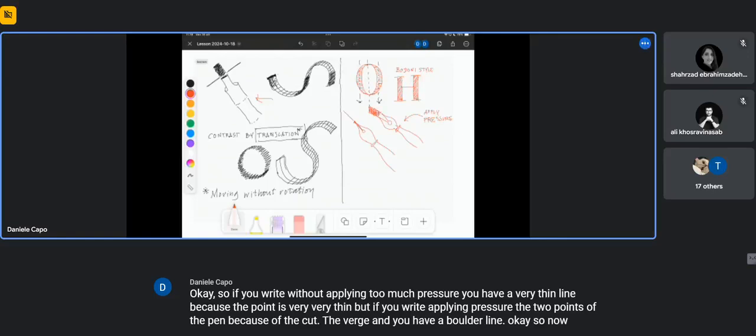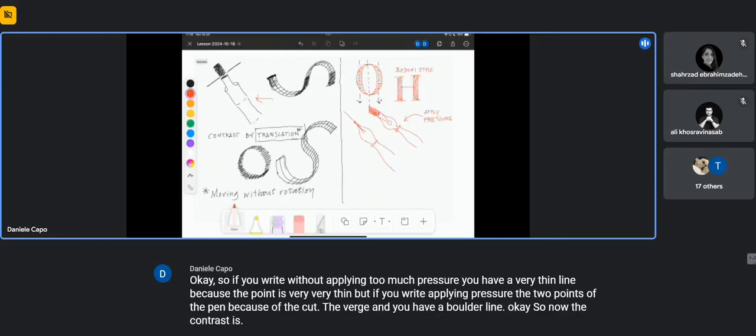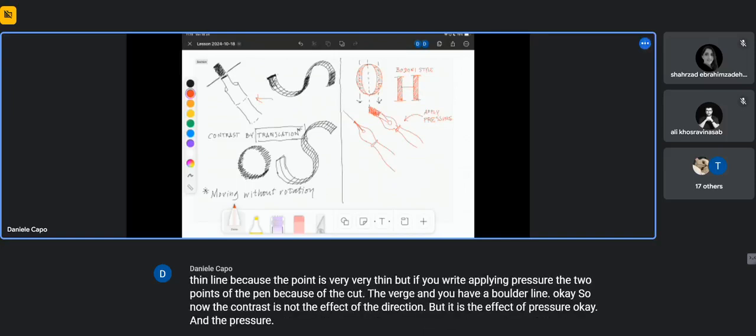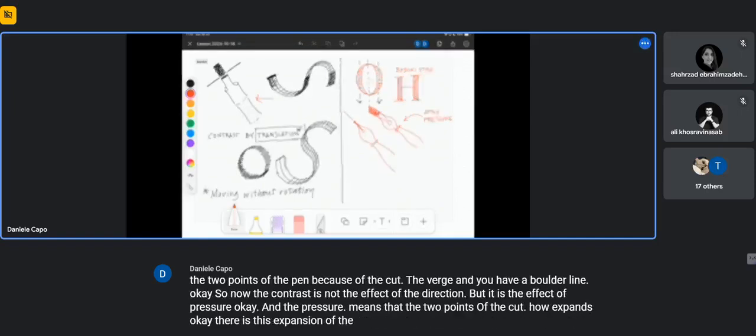So now the contrast is not the effect of the direction, but it is the effect of pressure, okay? And the pressure means that the two points expand, okay? There is this expansion of the pen.